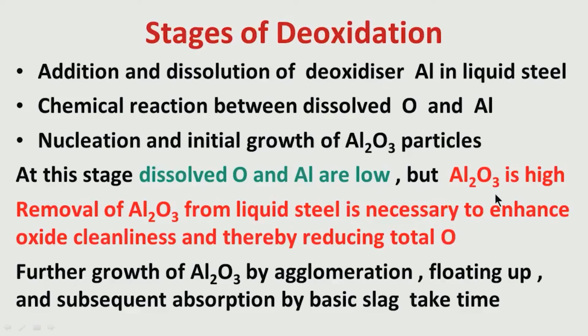This has to be removed. Removal of alumina from liquid steel is necessary to enhance oxide cleanliness and thereby reduce total oxygen. What is total oxygen? I have told you total oxygen is a combination of dissolved oxygen and oxygen present as oxide inclusion.